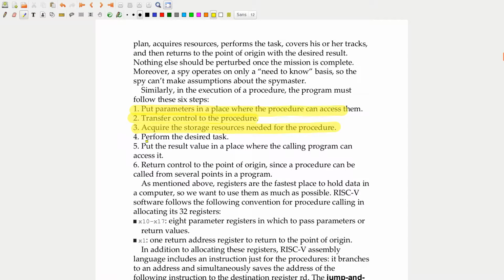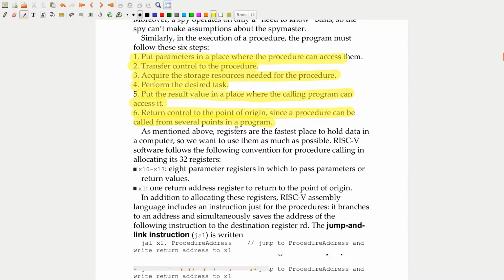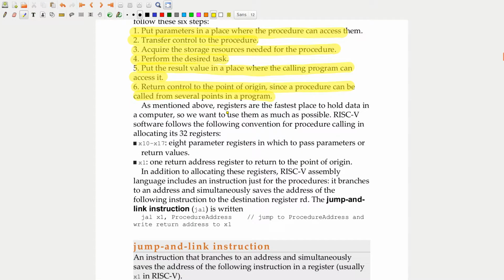Then we perform the function. We put the result where the part of the program where we originally were can access it, and then we return control to where we came from. So those are 6 fundamental steps in how functions are used.